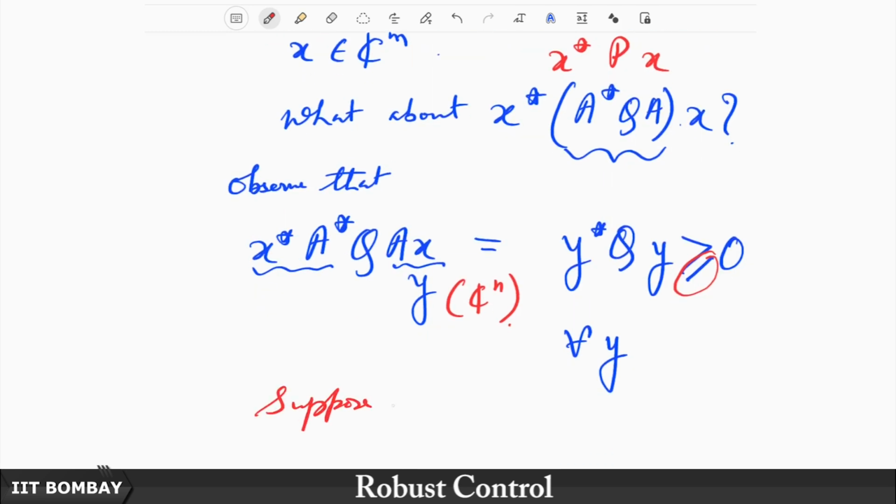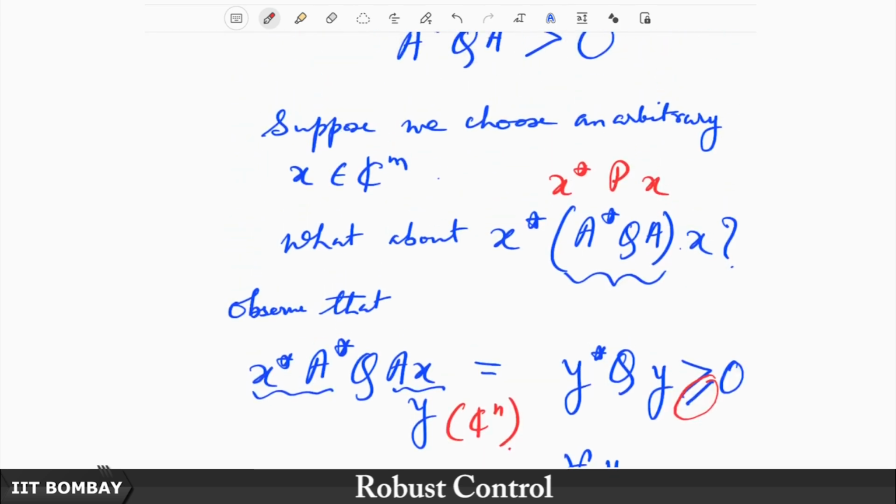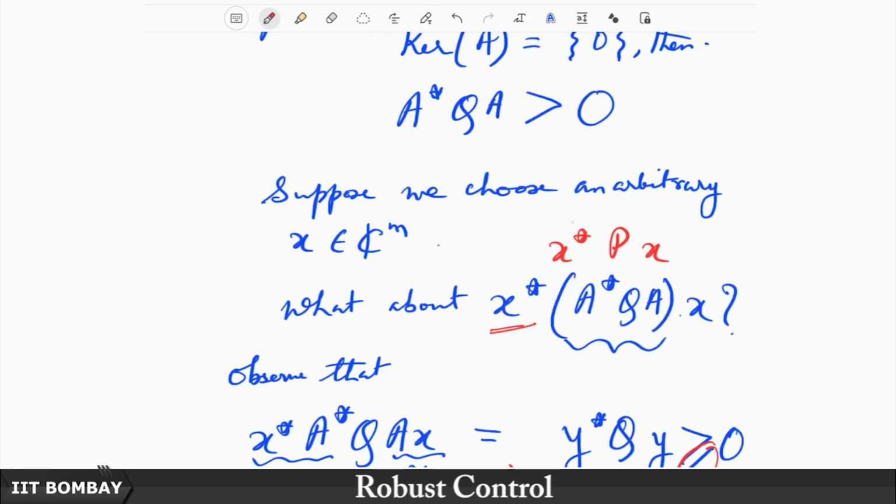Suppose A x is equal to y is equal to 0. That means x belongs to the kernel of A. Now, unless the kernel of A is trivial, that is, A has full column rank, I can always cook up some x, not equal to 0, such that A x is equal to 0, and therefore that particular non-trivial x will take my x Hermitian P x to 0.